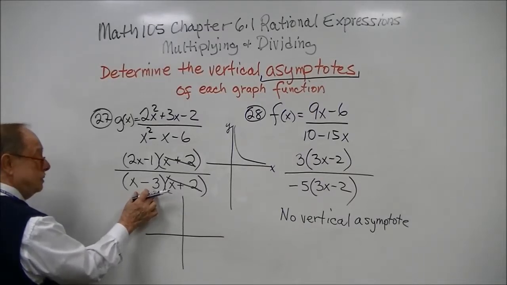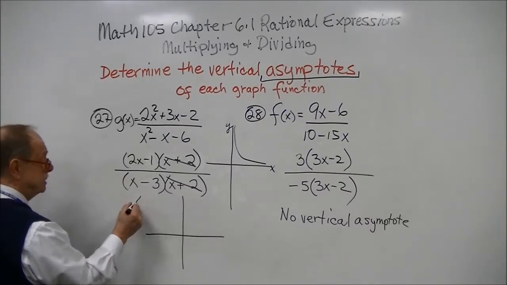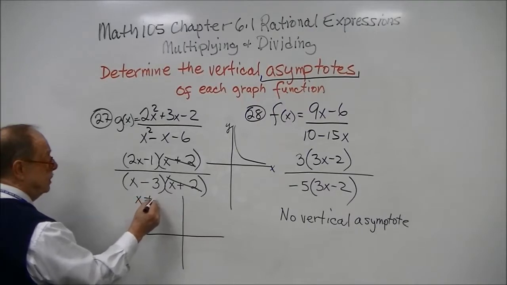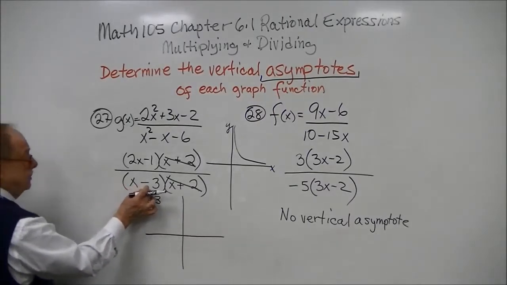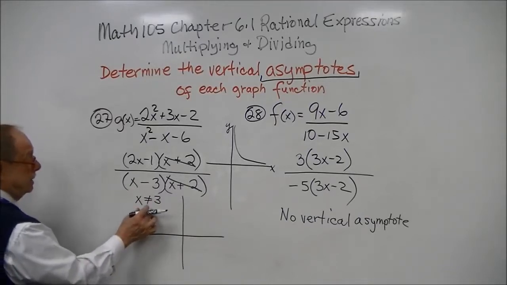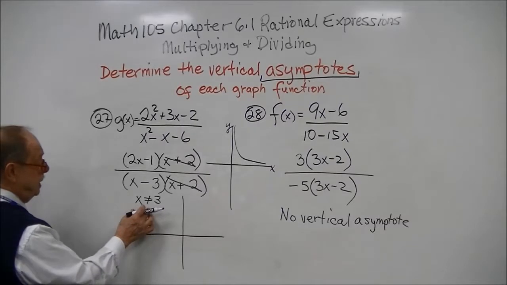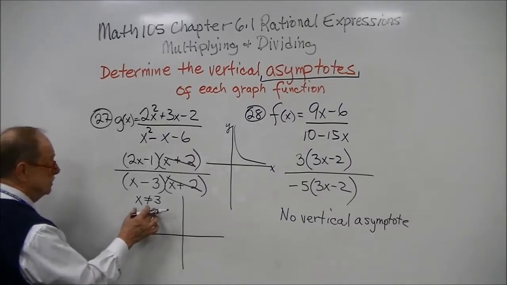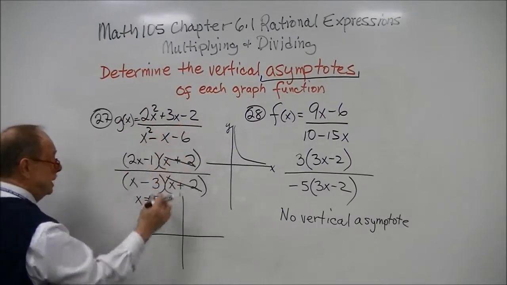And then if we were to find the domain, we'd see here that it's all values except x cannot equal 3 for this value.